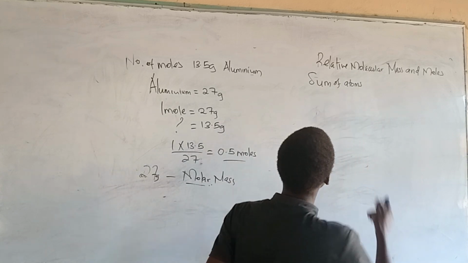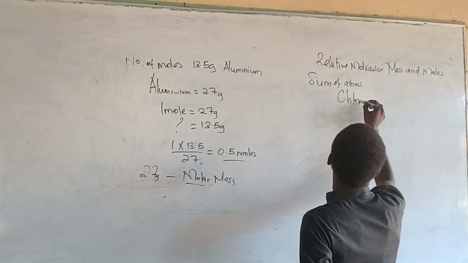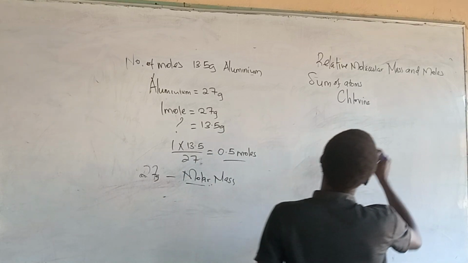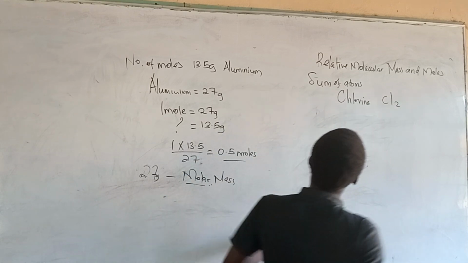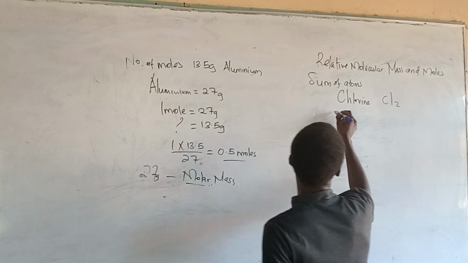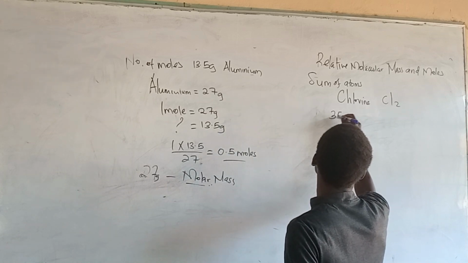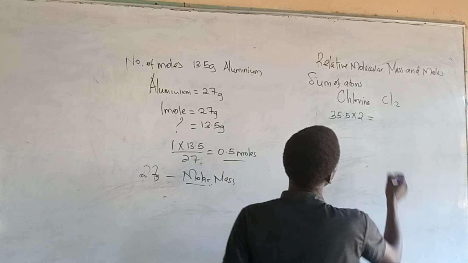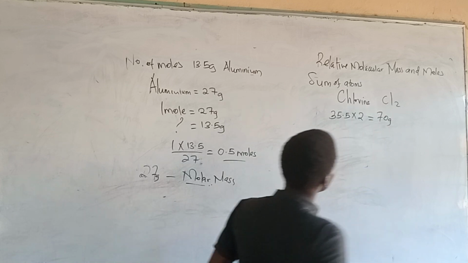Let me give an example with chlorine. The relative atomic mass of chlorine is 35.5. When we multiply by 2, we get 71.